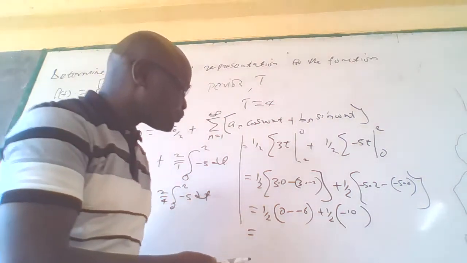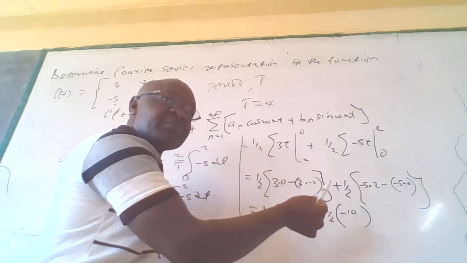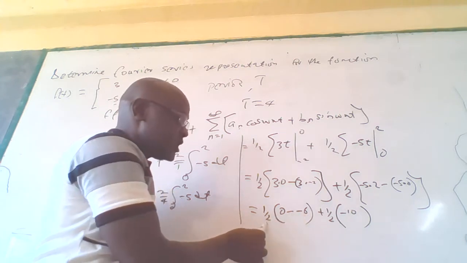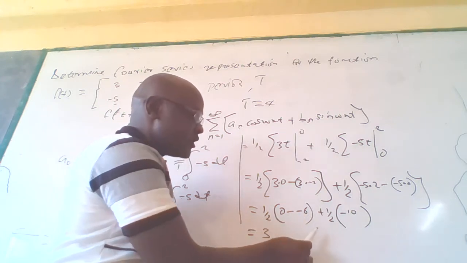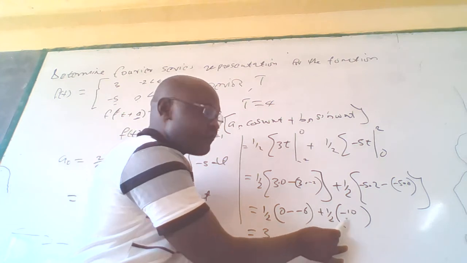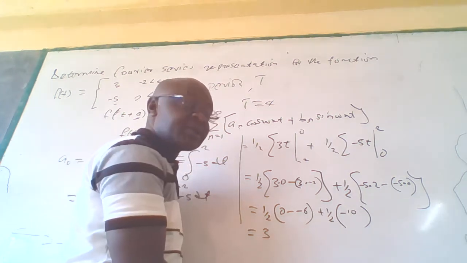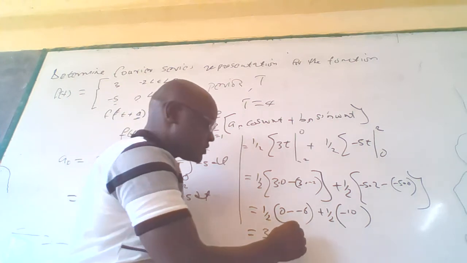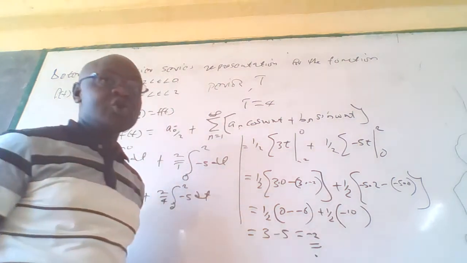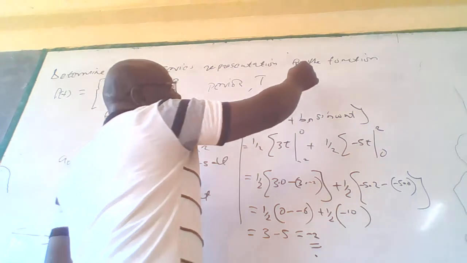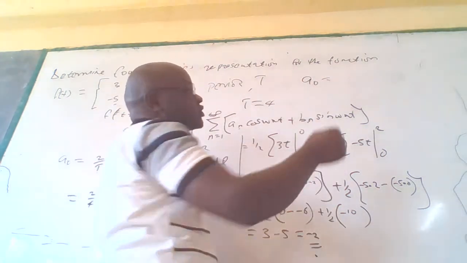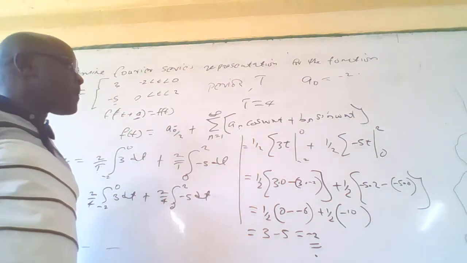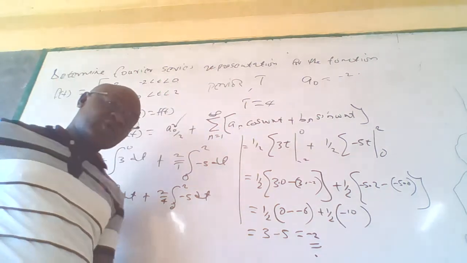So 0 minus minus 6, the minus and minus become positive, so we have 6 times a half, which is 3. Then a half times -10 is -10 divided by 2, minus 5. So 3 minus 5 gives -2. So we are saying that a naught equals -2. So we have gotten a naught.